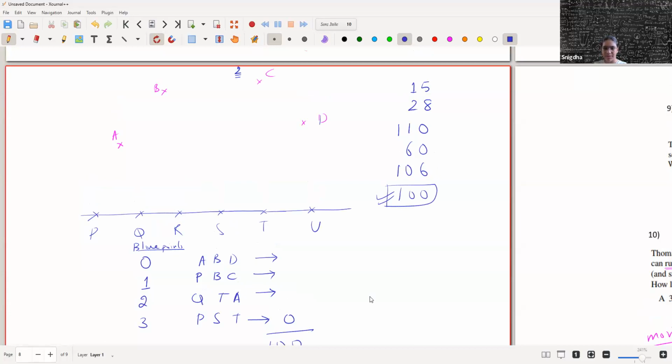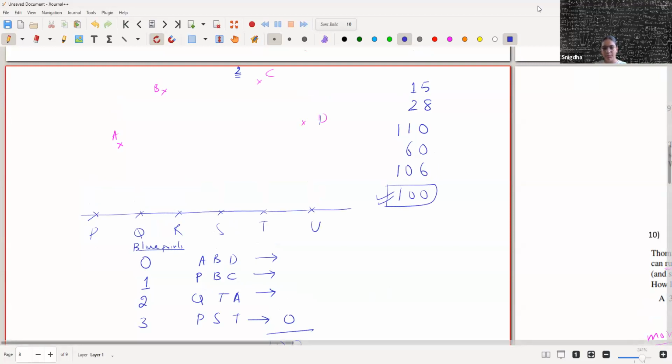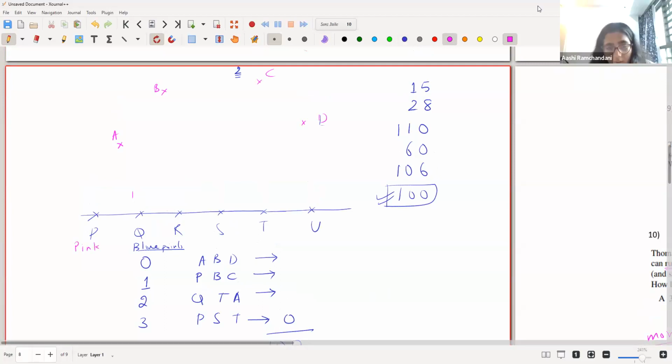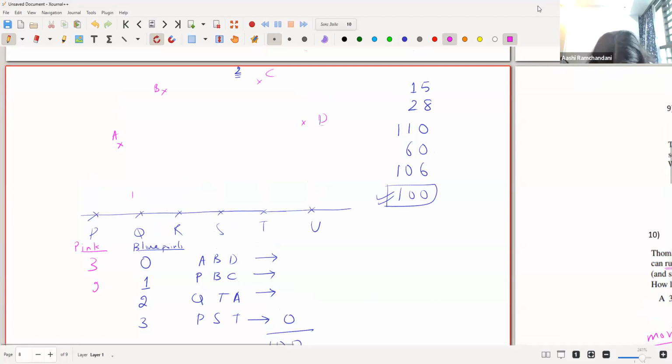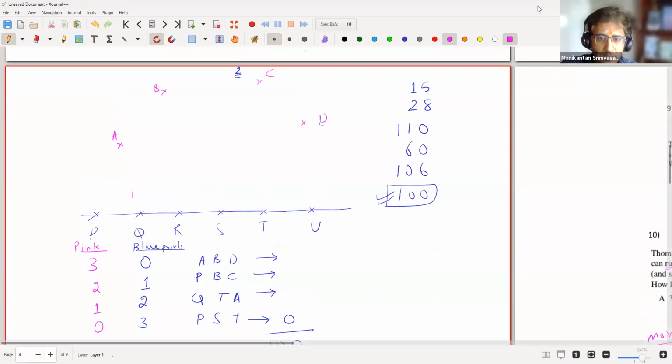How many with 2 pink points and 1 blue point? And then with 1 pink point and 2 blue points? And how many with 3 blue points, which is essentially 0? Correct. Guys, is this better now? Yes, sir, got it. So 3 pink points, 2 pink points, 1 pink point, and 0 pink points.